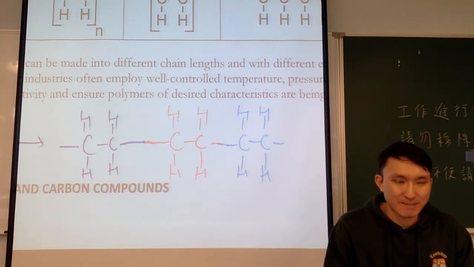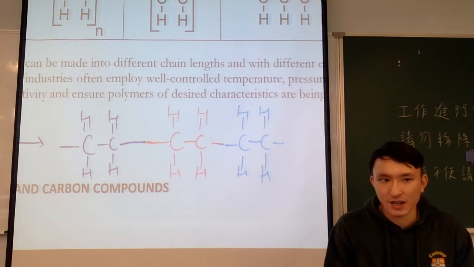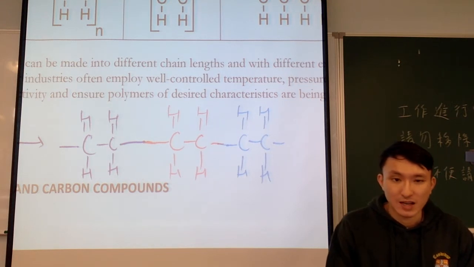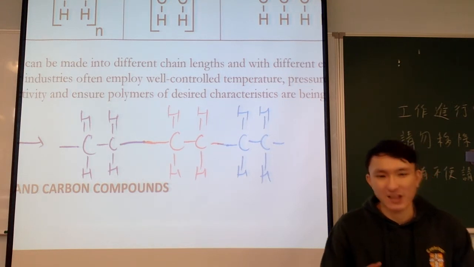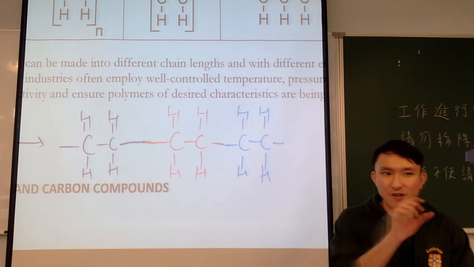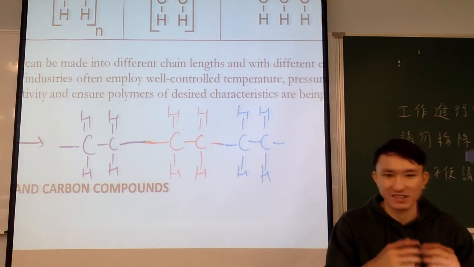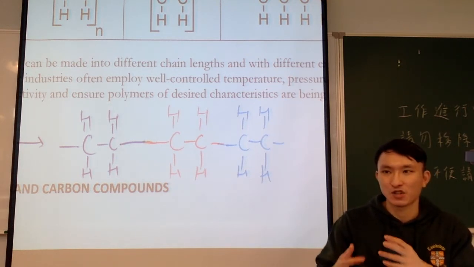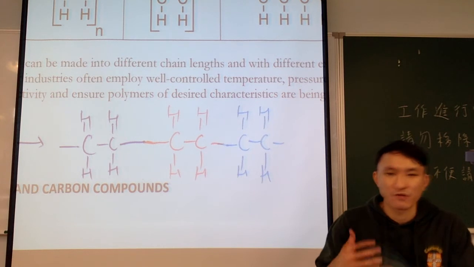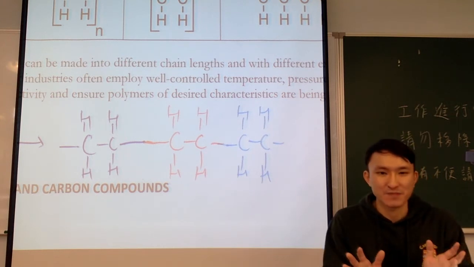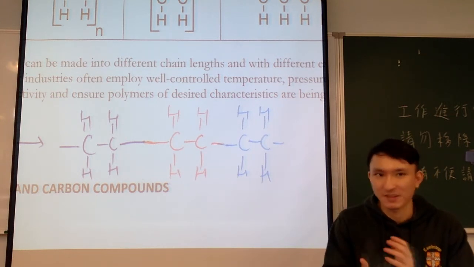Well, it depends on a couple of factors, but this reaction is quite random. Therefore, it is quite difficult to give you a very precise mole ratio relationship. I cannot put down, like, 10 ethene to form 2 polymers, each with 5 units. It is quite impossible to describe it this way.